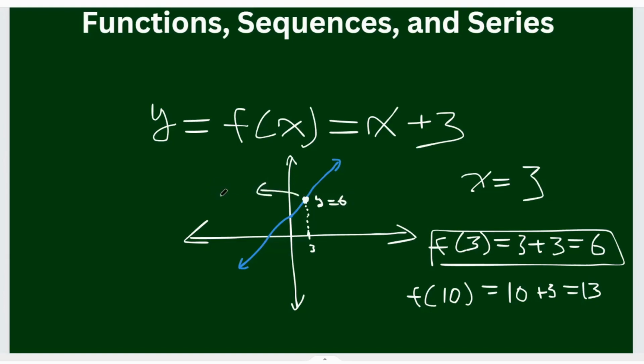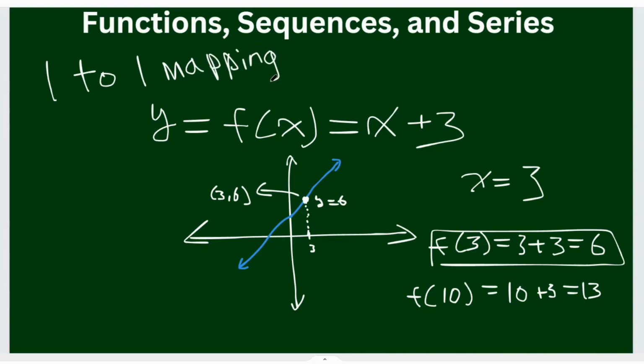This point's coordinate is 3 for x and 6 for y. And for f(10), you would get y equals 13. And in this case, you actually have something called a 1-to-1 mapping.